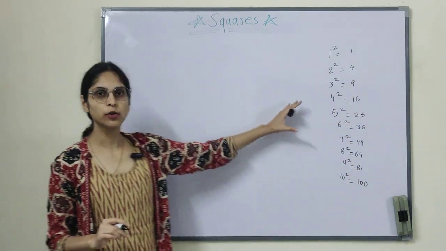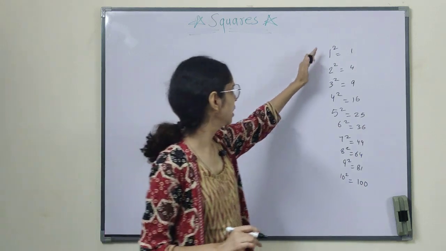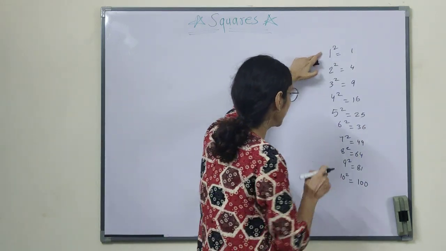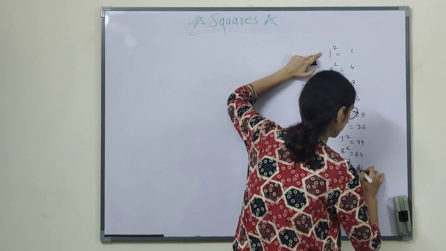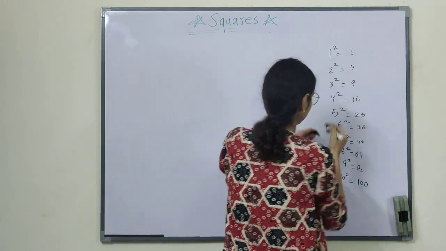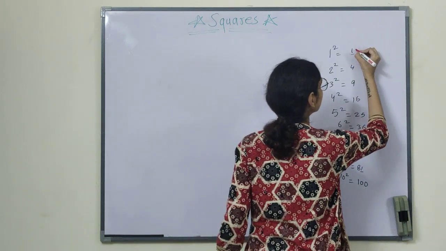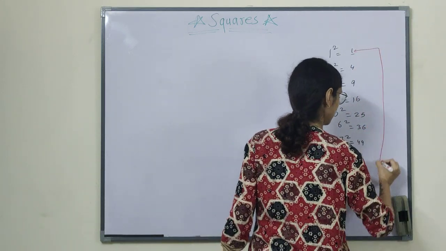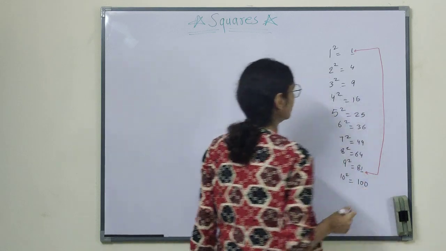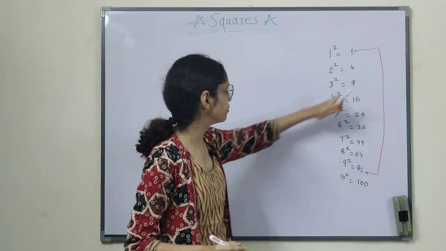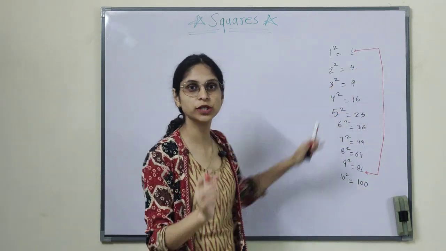Now when you see this, you will notice a very interesting pattern. When the unit digit is 1, 1 square and 9 square both have the unit digit 1. See this pattern? Now 2 square and 8 square both have the unit digit of 4. Both are ending in 4.